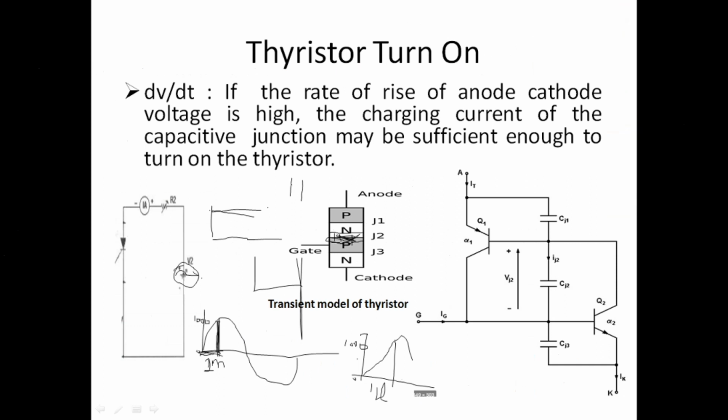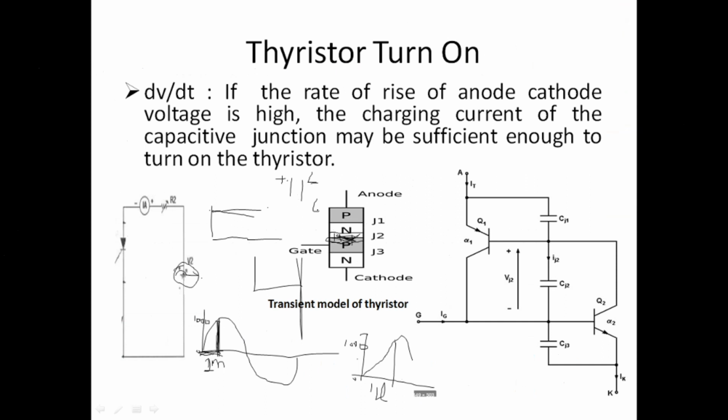If this plate is charged positively and this plate is charged negatively, and there is a gap here, whether it is air or dielectric material, whatever it may be, then we call this a capacitor, correct or not? This is a charged capacitor.